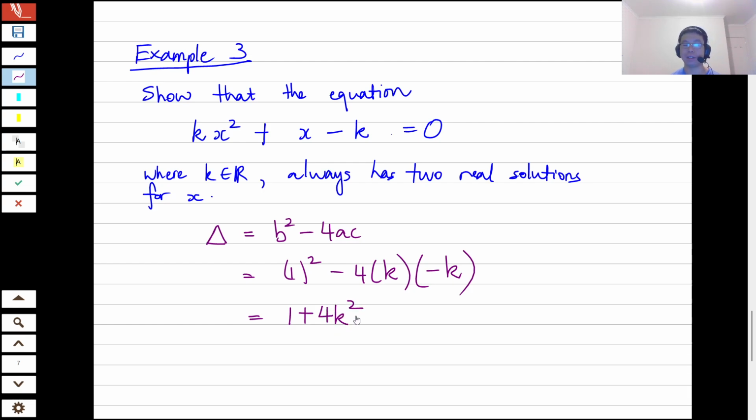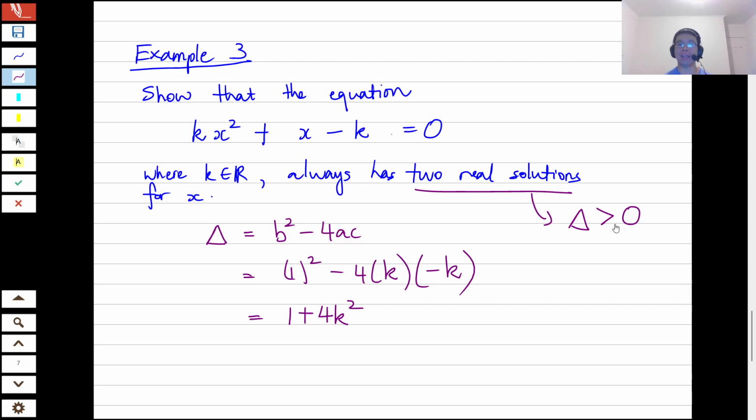All right. So if I simplify this expression, I find that the discriminant is 1 plus 4k squared. And this is where we need some insight. In order to show that there's always two real solutions, we need to show that the discriminant is always positive.